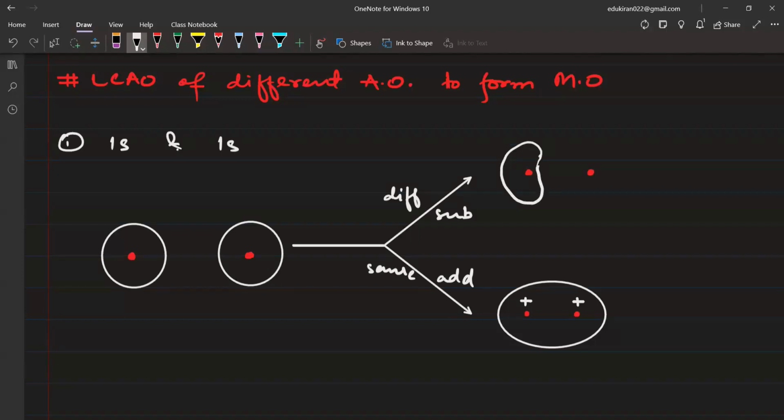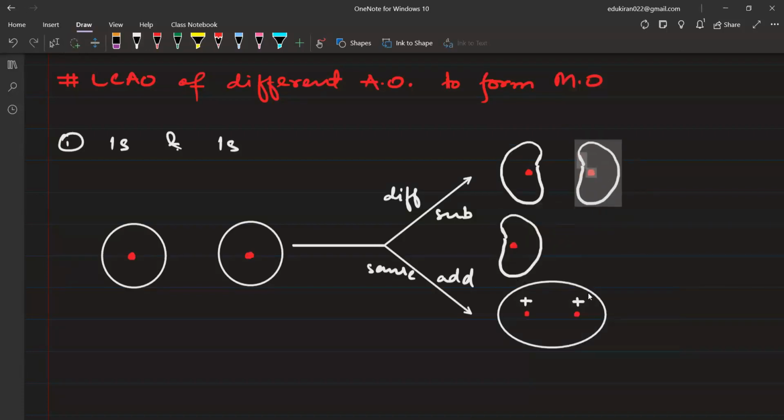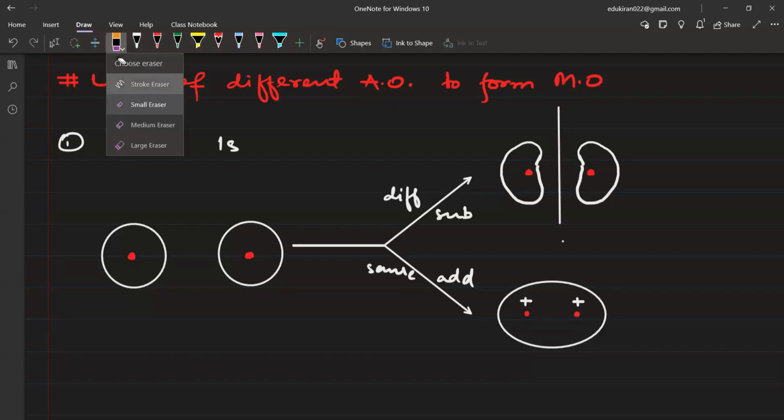Okay, so cancellation happened, that is why there is no electron density here. Copy paste, and I will flip this. Flip horizontally, and I will place this here. So I hope now you get that there is no electron density here. Can all of you see that? Yes or no, please tell me. Yes, sir. What about others? Yes, sir.